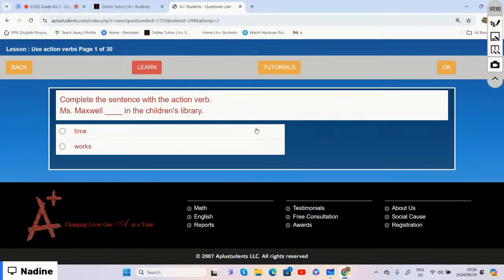It says, Miss Maxwell. Do we say Miss Maxwell time in the children's library or Miss Maxwell works in the children's library? We need to choose the correct verb, something that Miss Maxwell does.